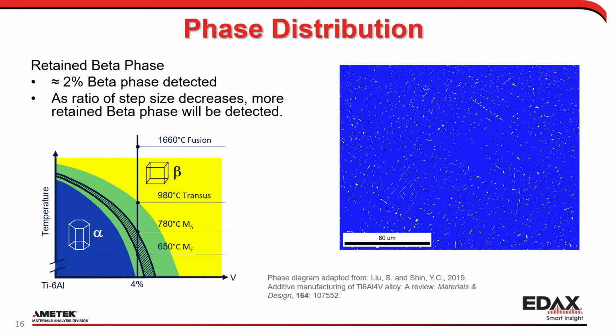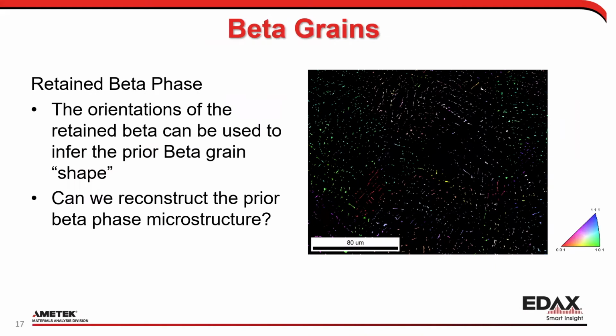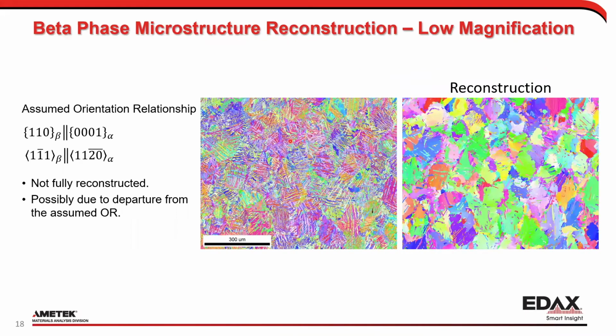Here you can see you have 2% retained beta phase, and you can use this as part of it. Here are the beta phases, but you actually can reconstruct this out of that. So here you can see the reconstruction. This right here is the as-scanned EBSD map after it went through the phase transformation. This right here is the reconstructed data, and it actually does a good job.